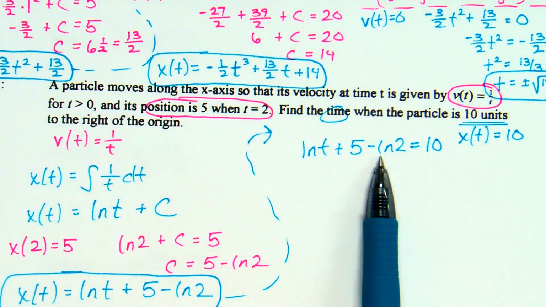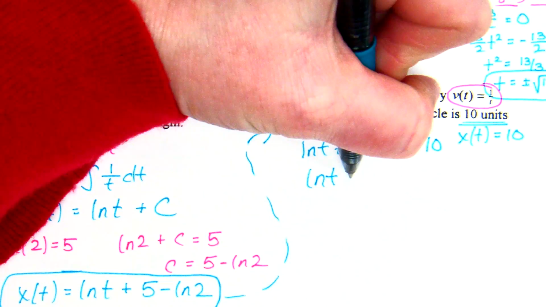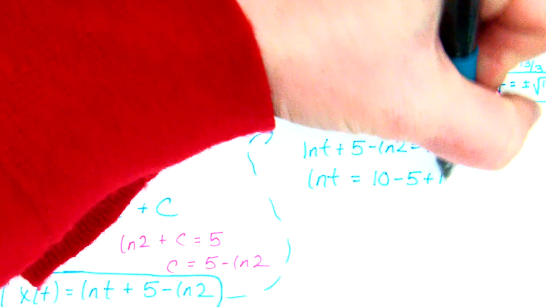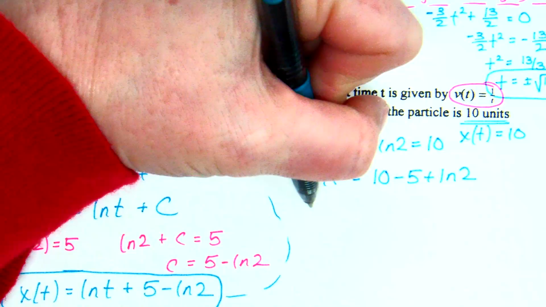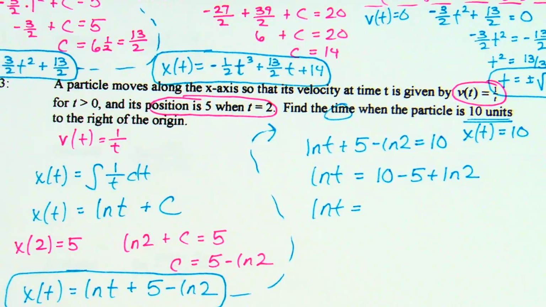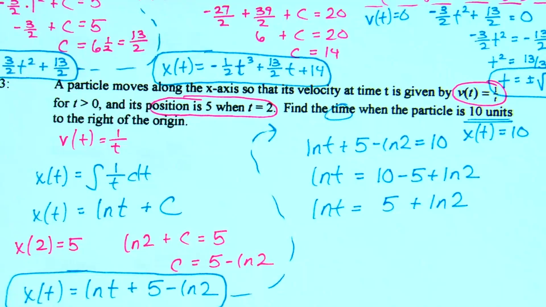It's some yucky decimal. So, natural log of t, we already have 10. I'm going to subtract 5 over and add natural log of 2 over. If I do 10 minus 5 plus natural log of 2, that cleans up to be 5 plus natural log of 2. Better than it was.